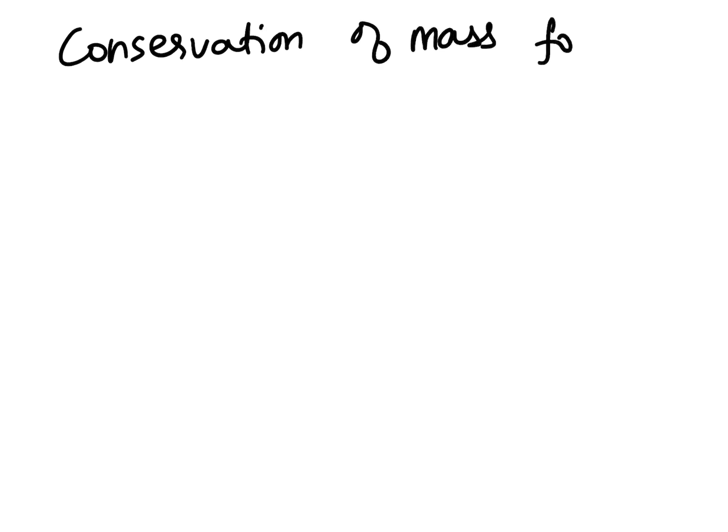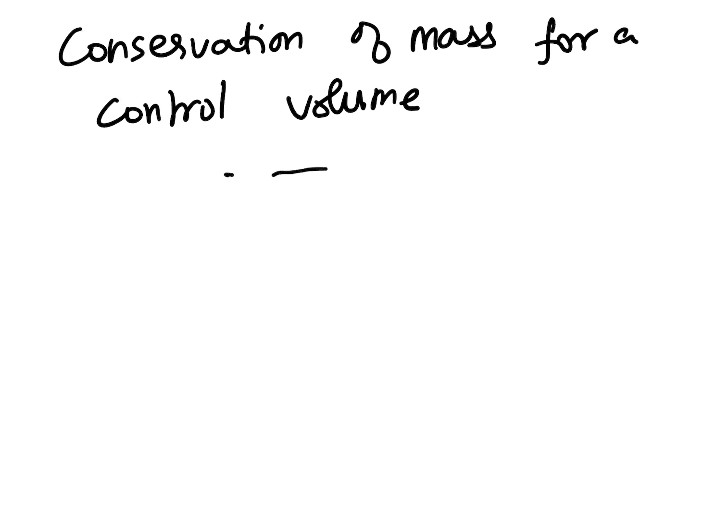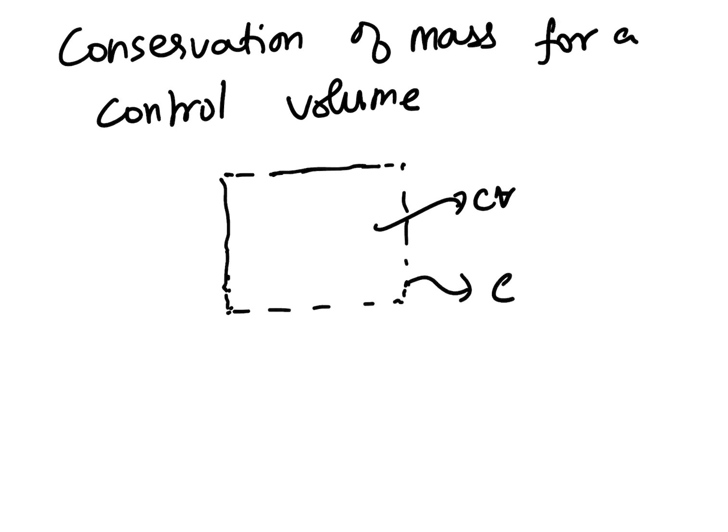Now, how do you apply the conservation of mass for a control volume? So I'll just draw the control volume without showing the system or without showing the physical device. So I have this control volume. The boundary is called the control surface. I'll call it CS.